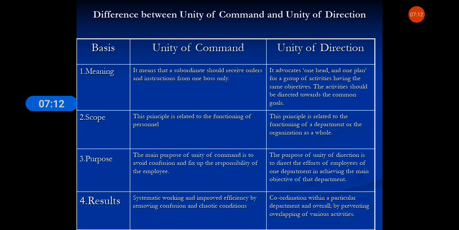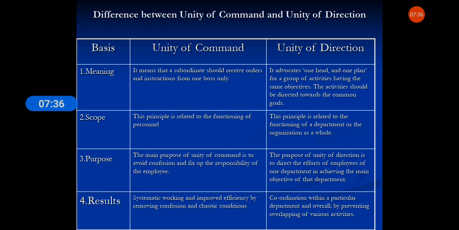The main purpose of unity of command is to avoid confusion and fix the responsibility of the employee, whereas the purpose of unity of direction is to direct the efforts of employees of one department in achieving the main objective of that department. The last point is the result.